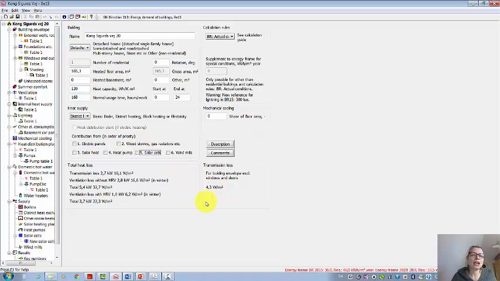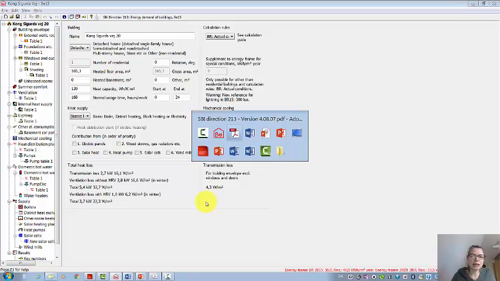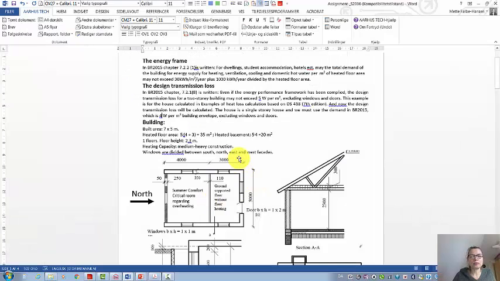Now I would like you to try to fill this main page out yourself after the assignment that I also put out for you. If you open up this one here, up here I have written a little bit about the energy frame, how you calculate it, what it is.